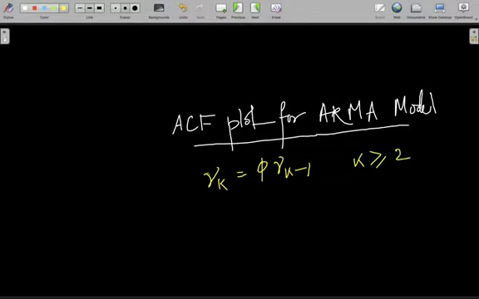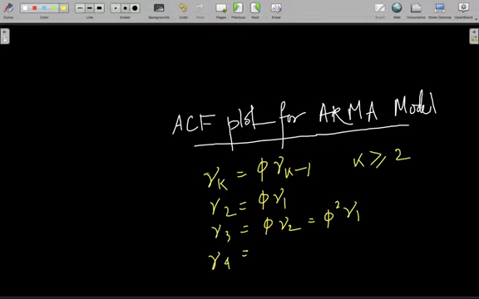Now, if I just substitute the value of k for k greater than or equal to 2, say k equal to 2, I will have phi gamma 1, and gamma 3 will be phi gamma 2, which means phi square gamma 1, and similarly my gamma 4 will be phi gamma 3, which is nothing but phi cube gamma 1, and so on.